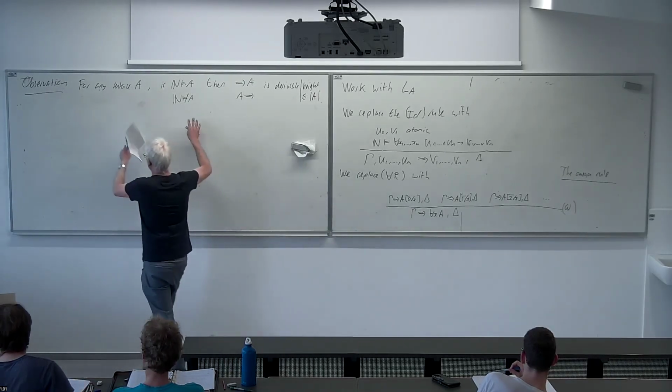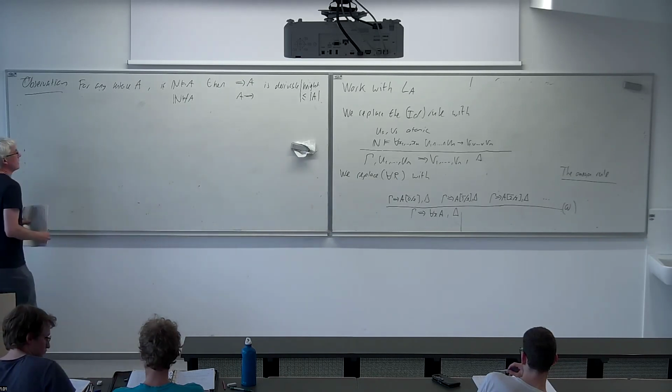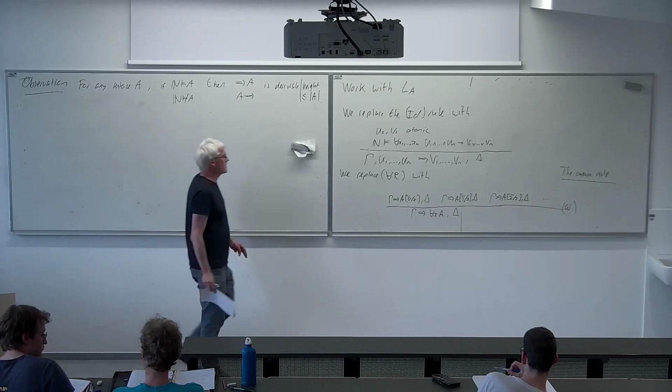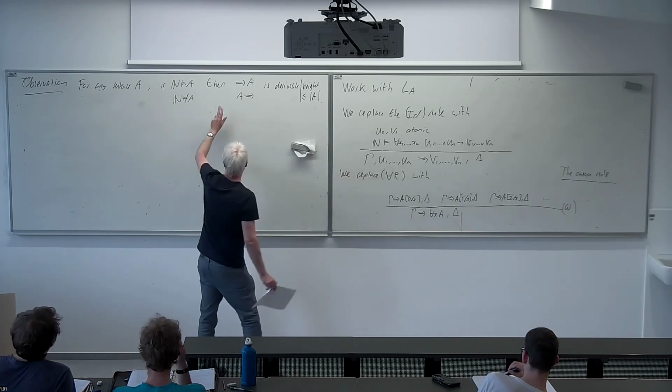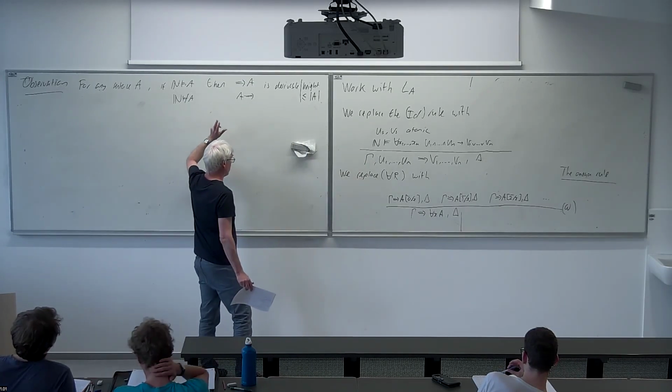So somehow this is not very informative, but the way we're going to use the proof system is using a different approach. So this is what happens if a formula is true.